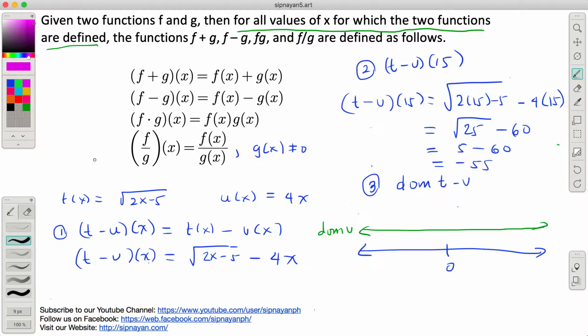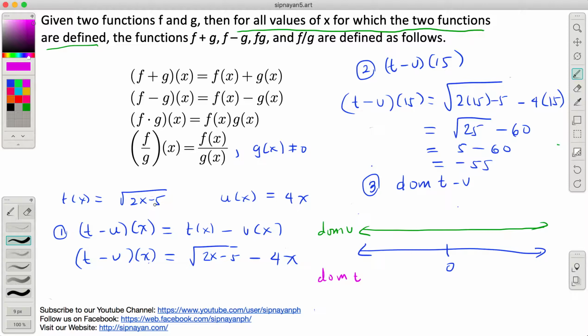However, the domain of t. Ano ang pwedeng x natin dito? Yung nasa loob ng radical sign, hindi siya pwede maging negative. Pwede lang dito 0 or positive number.